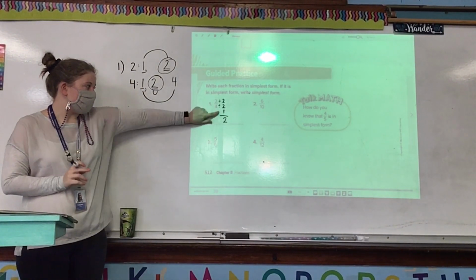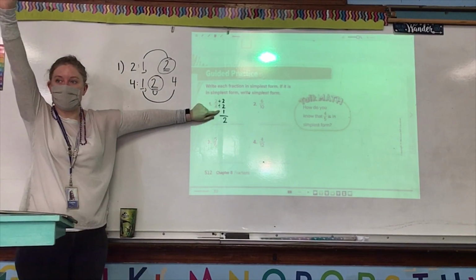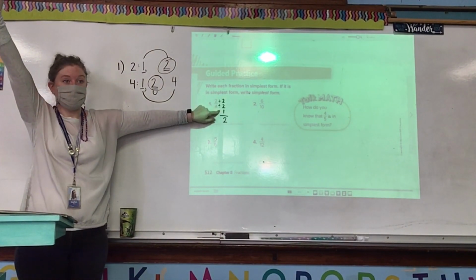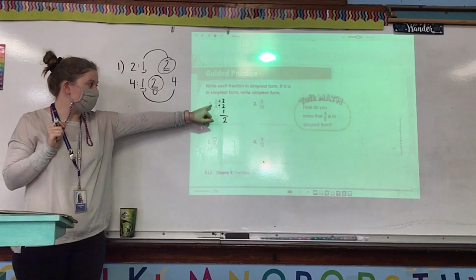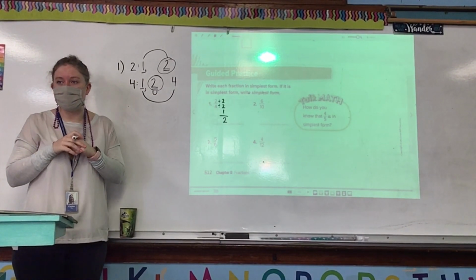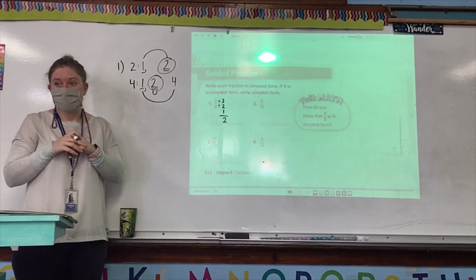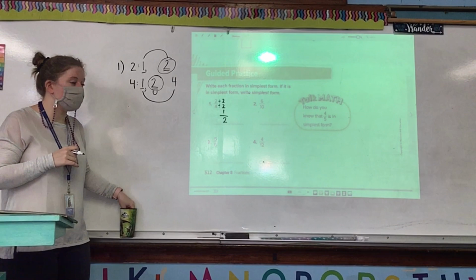Now remember the trick. If 1 is the numerator, then that fraction is automatically what? Carla? In the simplest form. So we don't even have to test to make sure we're right. So Cullen, 2/4 in simplest form is 1/2.